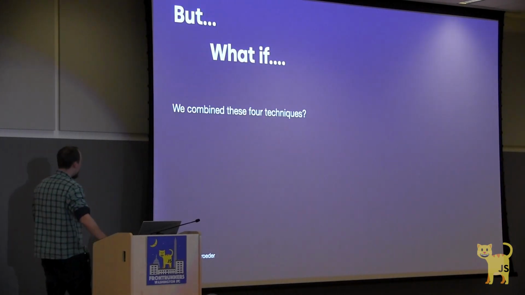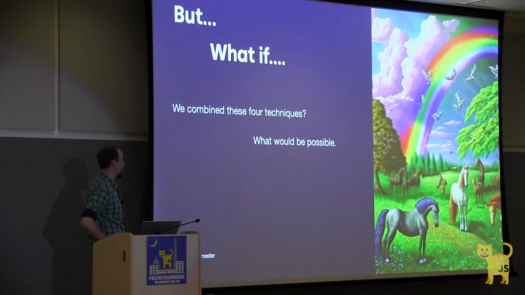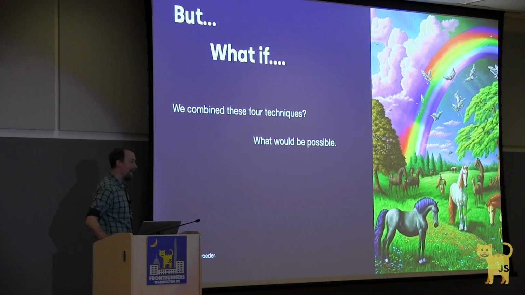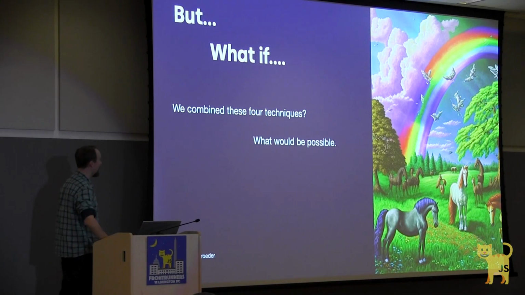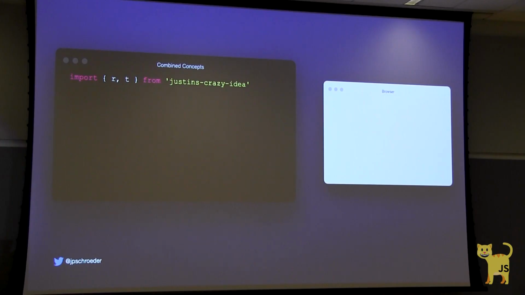But what if we combine all 4 of these techniques? What would be possible? A land of unicorns, rainbows. Here's some combined concepts. I had a crazy idea one night, so I started working on this. I created 2 functions, R and T. R is a proxy object, T is a template object. You could just create something like this, location earth. This looks familiar.